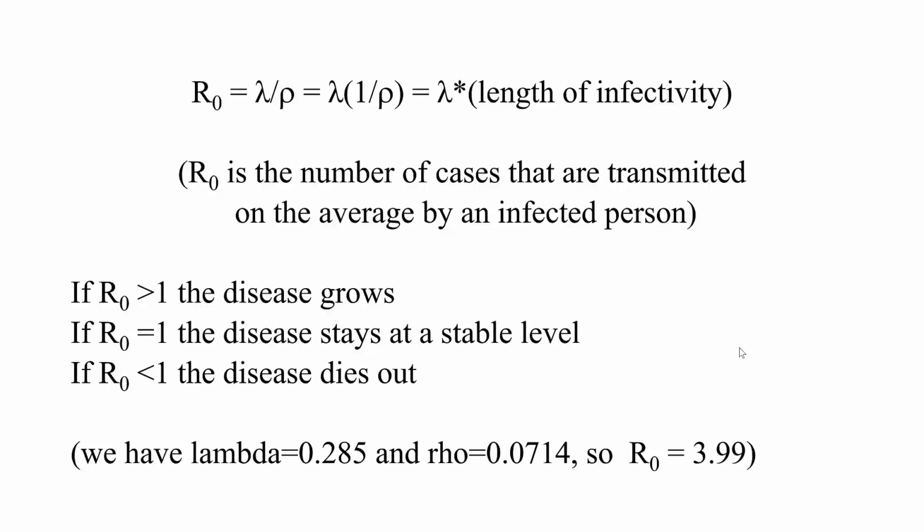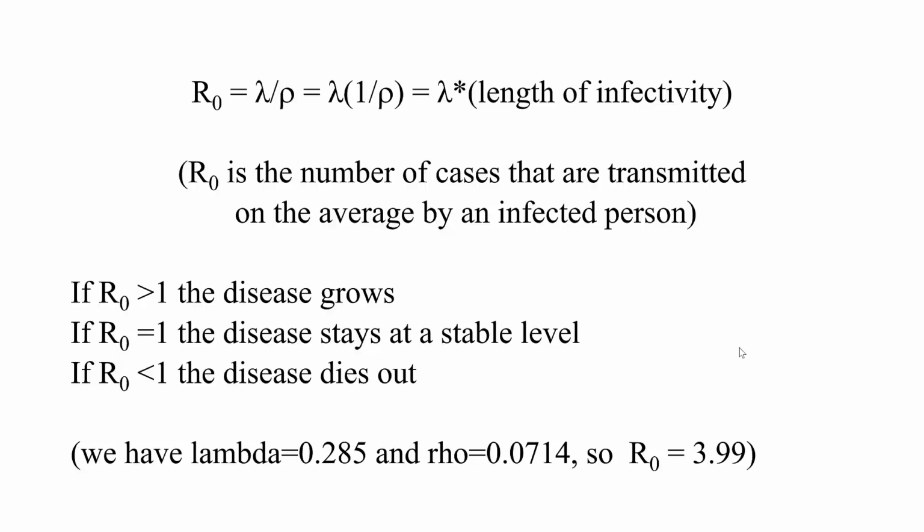So an important parameter that we'll look at here and we need to think about all the time in looking at epidemics is R0. R0 for our particular model is lambda multiplied times the length of infectivity or infectiousness of an individual. So lambda is the number of contacts per unit time multiplied by the length of time.